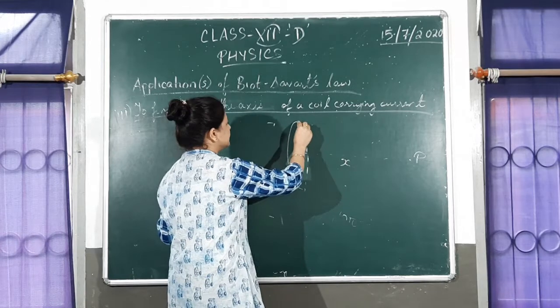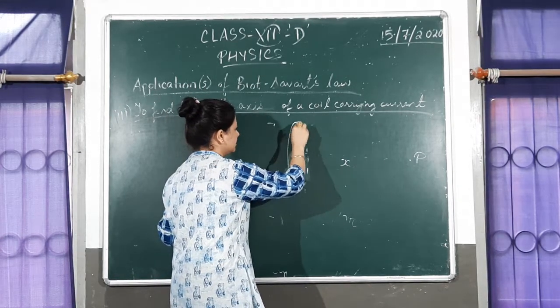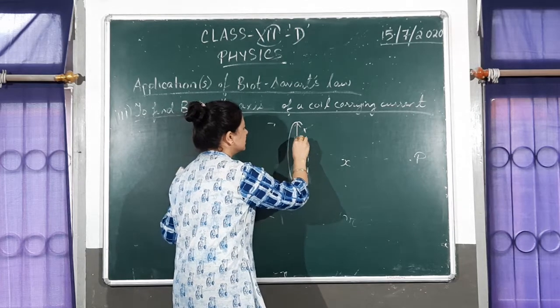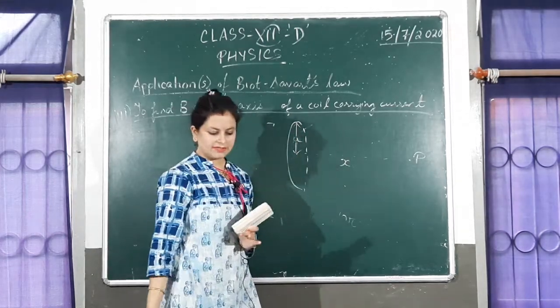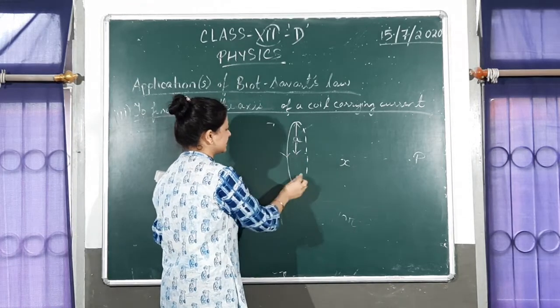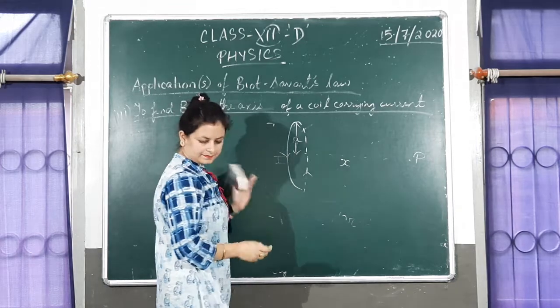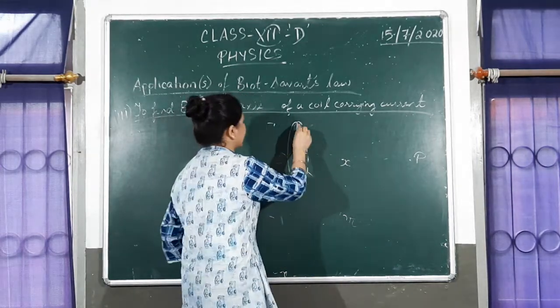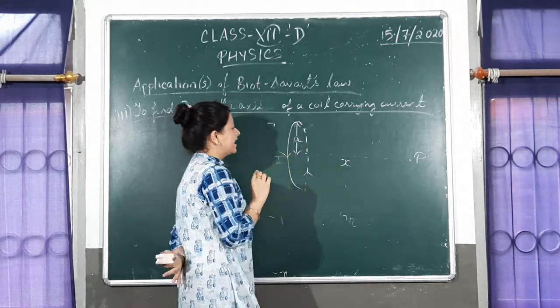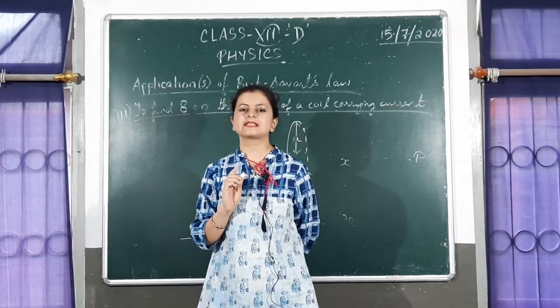Here I will consider A as the radius of the coil. Suppose the direction of flow of current is like this, and the magnitude of the current is I. I will be taking a pair of diametrically opposite points as current elements.